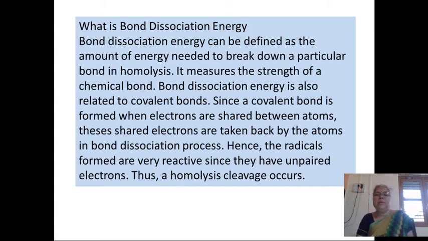Bond dissociation energy is also related to covalent bonds, since a covalent bond is formed when electrons are shared between atoms. These shared electrons are taken back by the atoms in a bond dissociation process. Hence, the radicals formed are very reactive since they have unpaired electrons. Thus, homolytic cleavage has occurred.